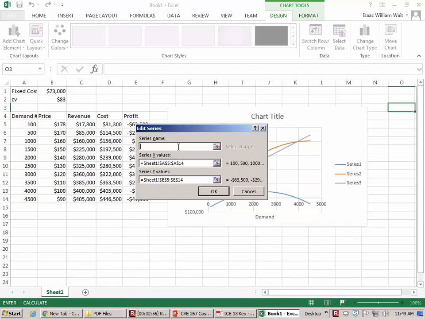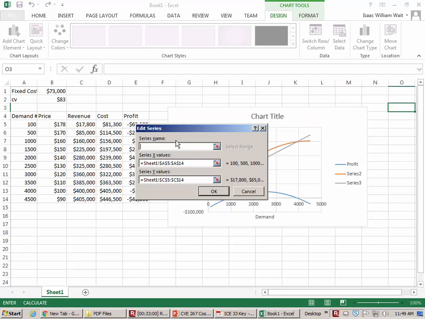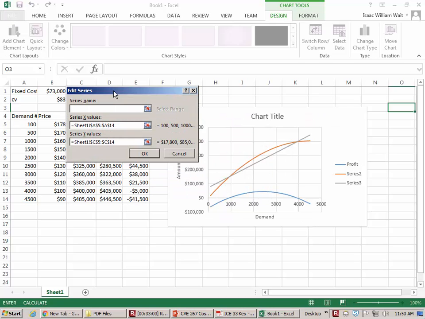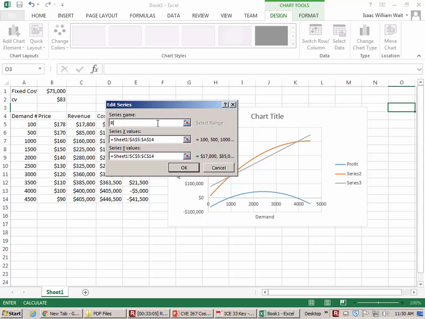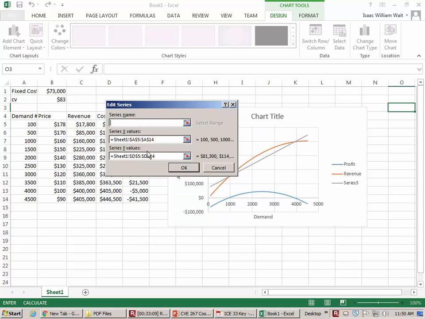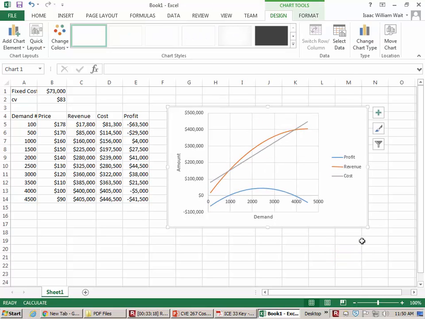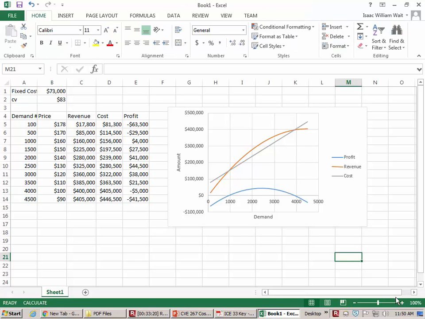I can just call it profit, and then that will show up on the trend there. Edit series 2 is what? The revenue. And then series 3 I will call the cost. All right, so now this is the sort of chart that I would like for you to include on the homework. And it's easy to make. We just showed how to do that.